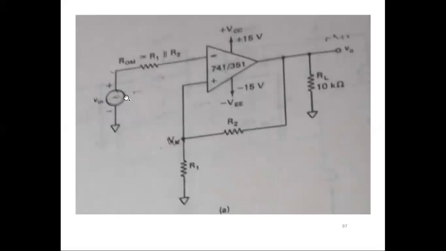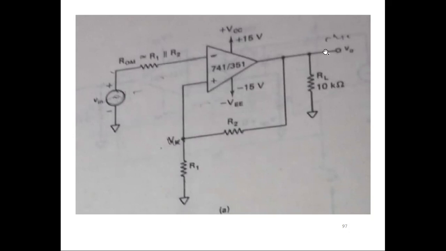As soon as this value crosses the value of V0 divided by R1 plus R2 multiplied by R1, then the output will switch to minus V0. Once the output becomes minus V0, this value now will be minus V0 divided by R1 plus R2 into R1.